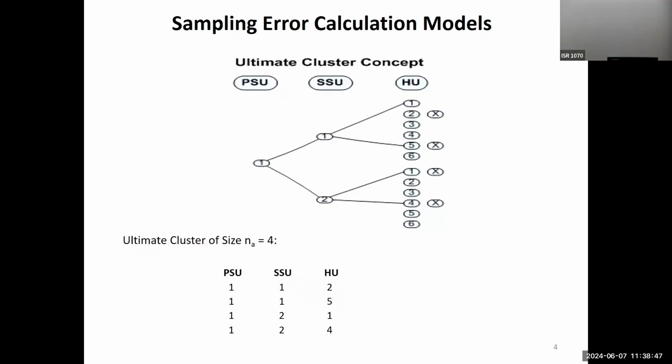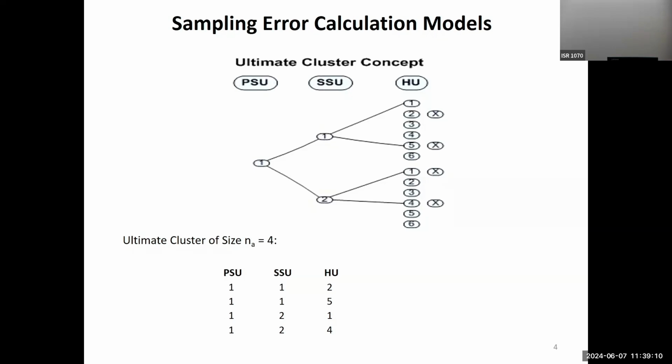We think of this collection of 4 respondents as being the ultimate cluster that emerged from that PSU across the entire multi-stage process. So that collection of respondents within the PSU, that's what we refer to as the ultimate cluster. Very simply put, it's just a collection of respondents in that PSU. We refer to that as an ultimate cluster.